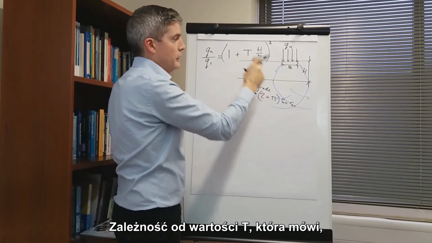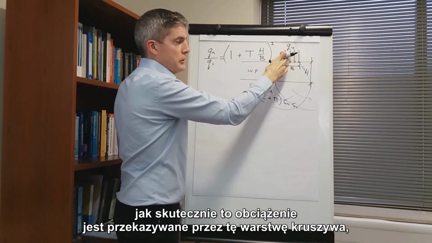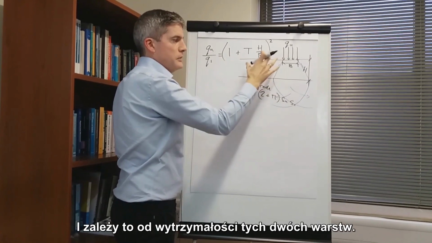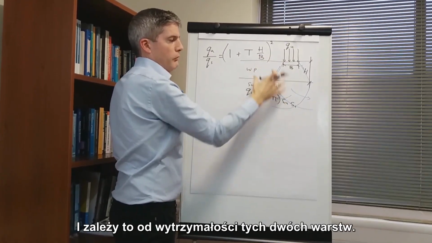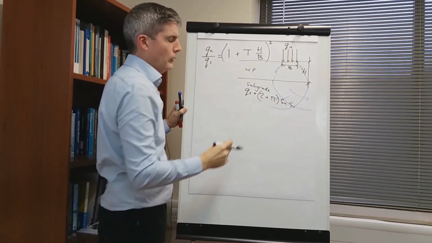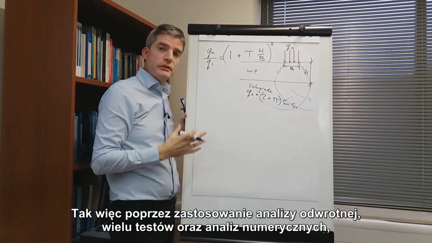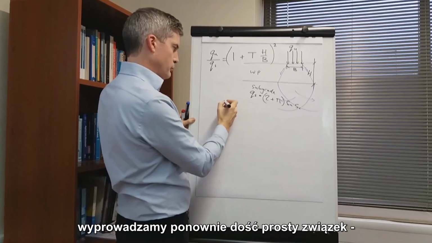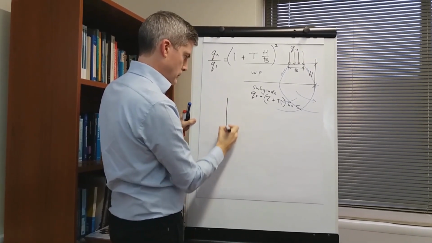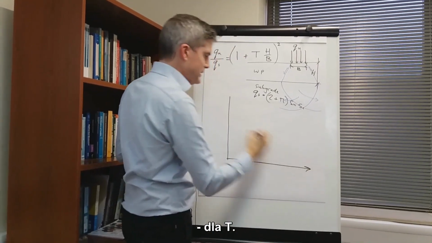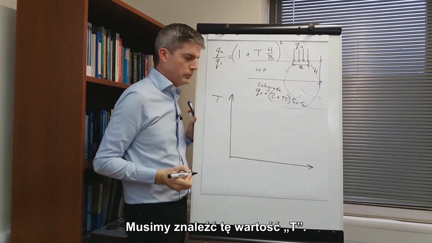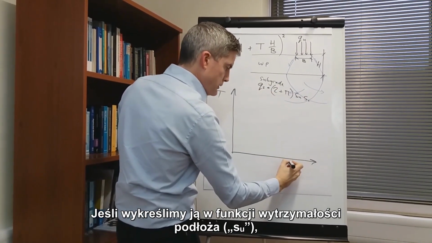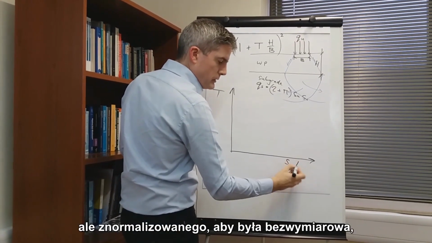It depends on this T value, which tells you how efficiently this load is transferred through this granular material to the subgrade beneath. And it depends on the strengths of the two layers. By back analyzing a lot of physical testing and numerical analysis, we derive again quite a simple relationship for T. We need to find this value T. We plot it against the strength of the subgrade, SU, but normalize it so it's dimensionless.